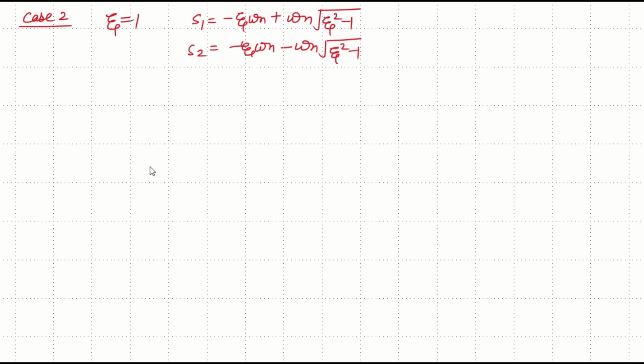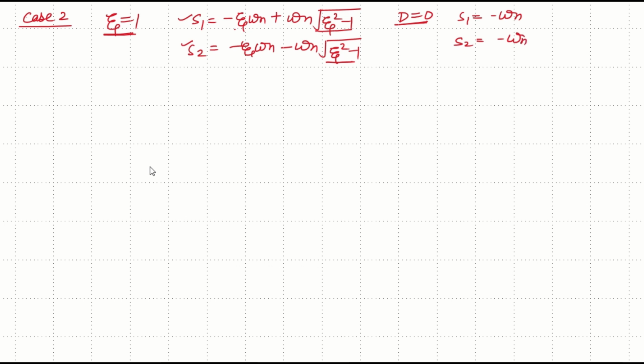In the second case, we assume that the value of damping ratio zeta is equal to 1. Now in this case, these are the two roots s1 and s2. Since the value of zeta is equal to 1, this discriminant D will become 0, and since D becomes 0, the value of s1 will be minus omega n, and similarly, when zeta is equal to 1, s2 is also minus omega n.